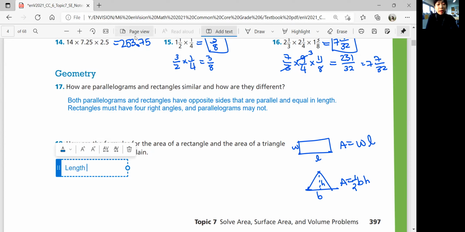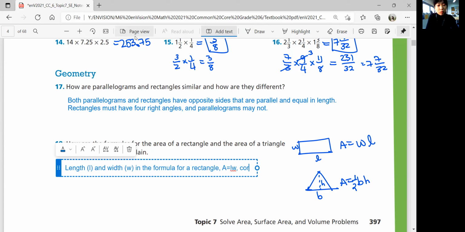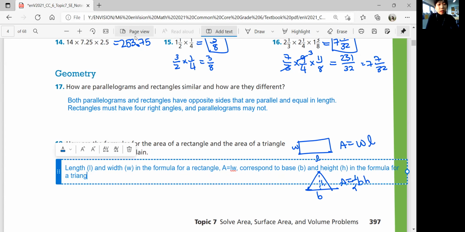Let's write length L and width W. The formula for a rectangle, A equals L times W, corresponds to base B, height H. The formula for a triangle, A equals 1/2 BH. Okay.